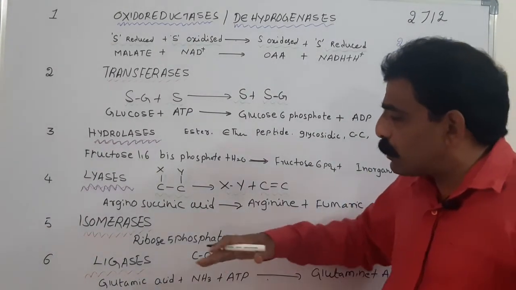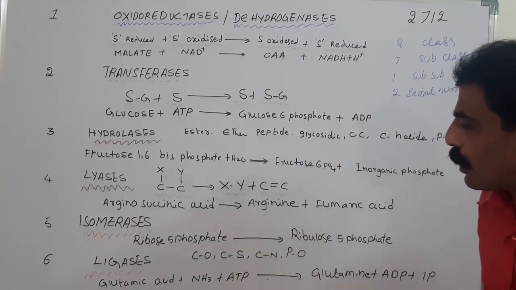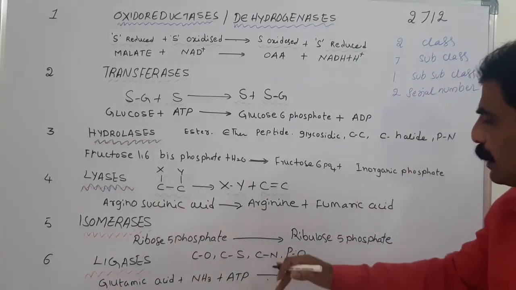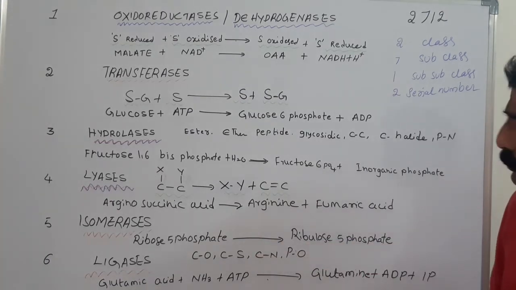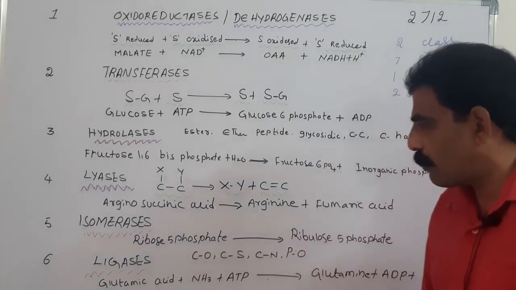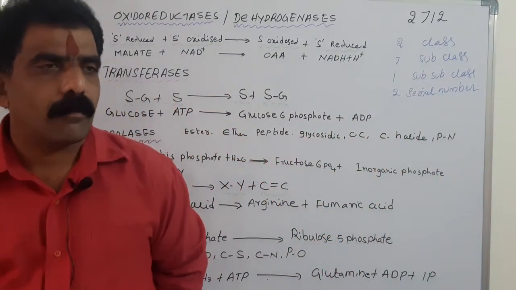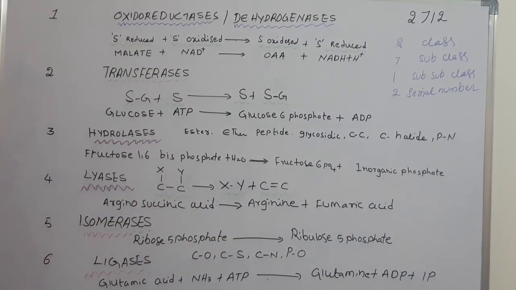The enzymes which are responsible for forming new bonds like the C-O bond, C-S bond, C-N bond or P-O bond are called ligases. For instance, glutamic acid, which is an amino acid, reacts with ammonia utilizing ATP.